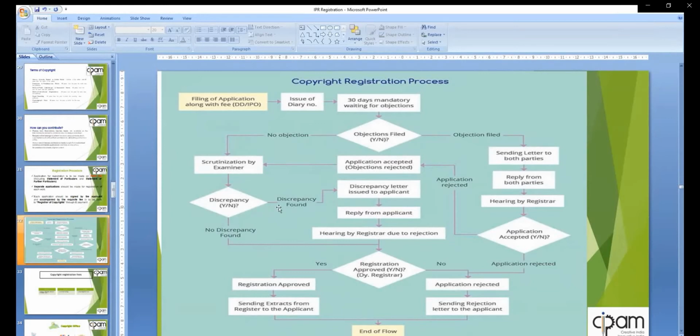or what type of forms of expression, because in copyright, the forms of expression get protected. So we find the discrepancy in the previous work, and based on that a discrepancy letter is issued, then the applicant has to rule out all the discrepancies.